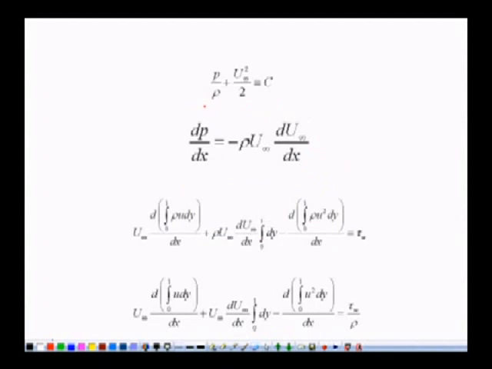Outside the boundary layer, the Bernoulli equation for an incompressible fluid may be written as P over rho plus V squared divided by 2 equal to constant. In differential form, this may be written as dP over dx equal to minus rho u infinity du infinity over dx.